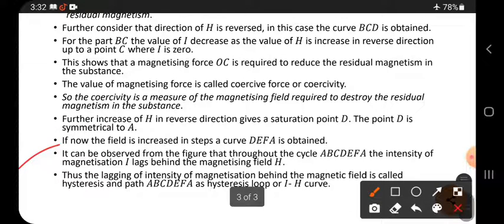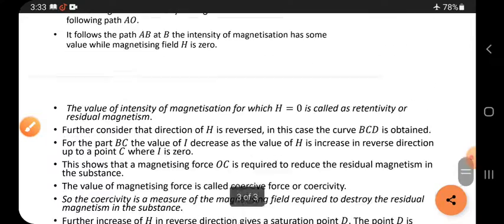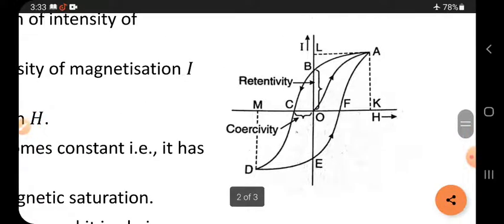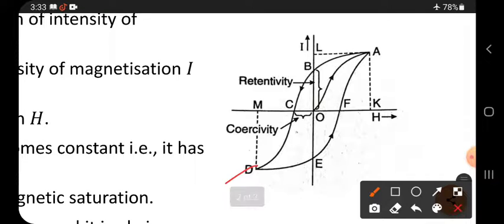Now, if the field is increased in steps, a curve DEFA is obtained. How can we get DEFA?